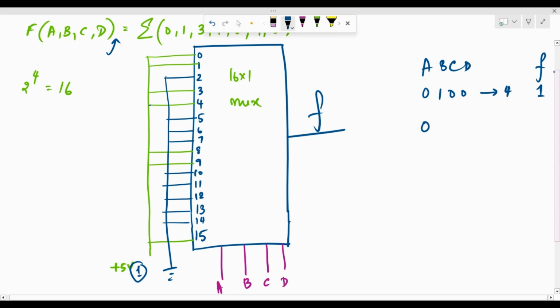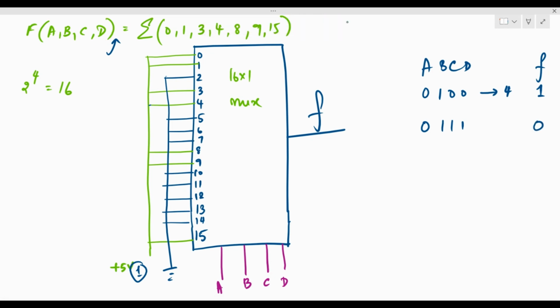Similarly, if 0, 1, 1, 1 is the combination of A, B, C, D, then F should actually be 0 because this minterm is not available in our problem. 7 is not there. So according to our truth table, the output function F should be equal to 0. If we notice here also, it is going to choose I7, and I7 is nothing but grounded. So a 0 will be conveyed to the output.